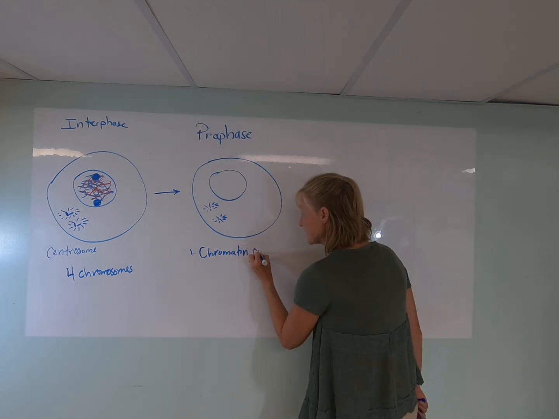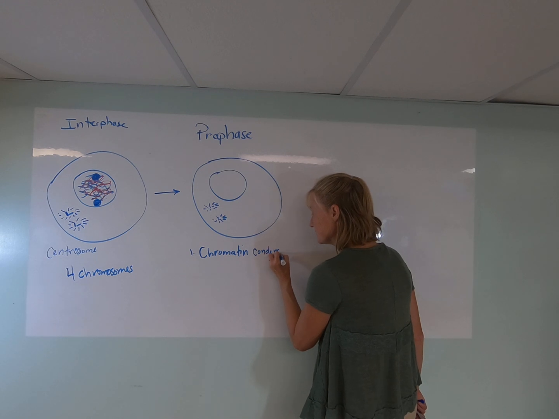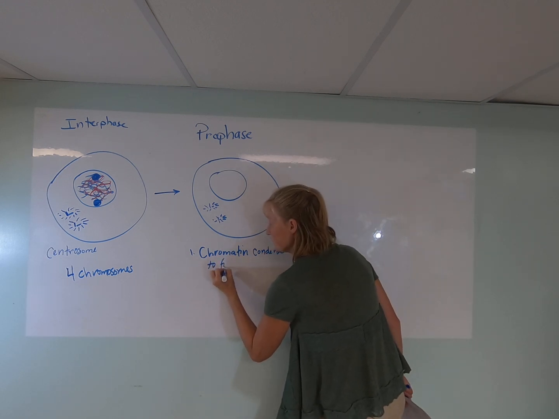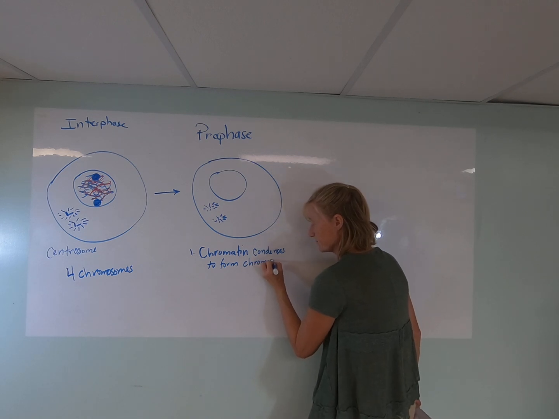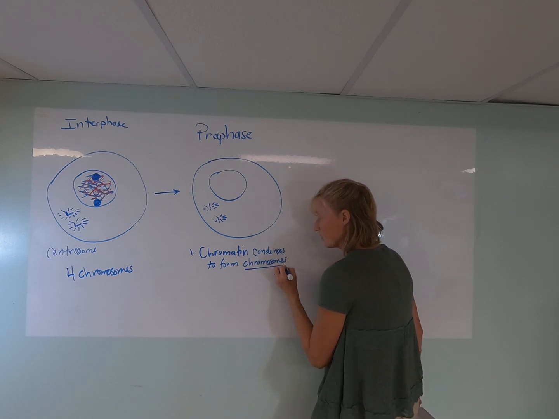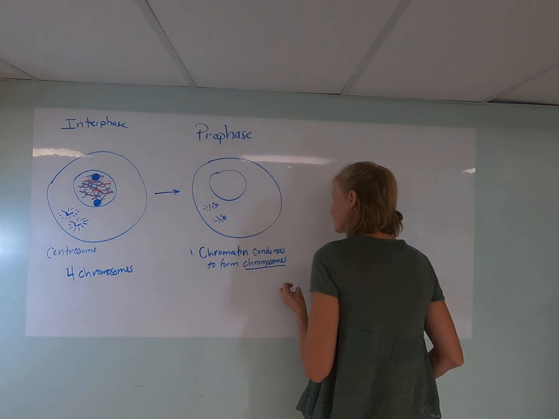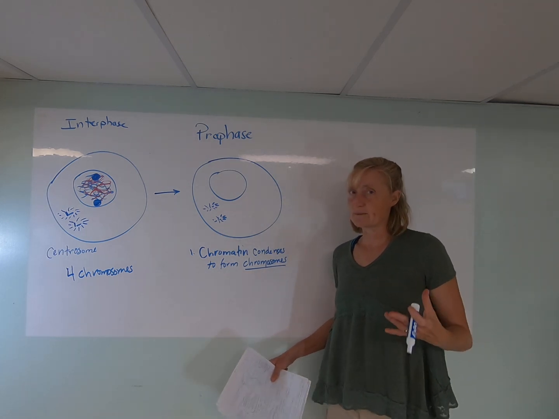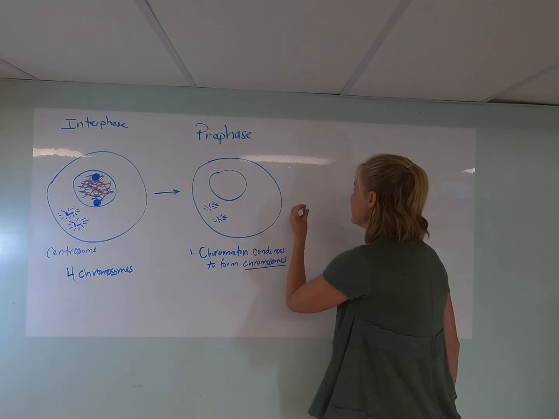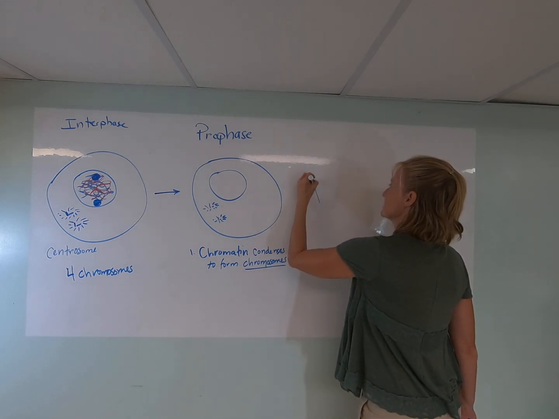So the chromatin condenses to form chromosomes. All right, so the chromatin condenses to form chromosomes. And when we look at the genetic material now, we see something that might look like this.